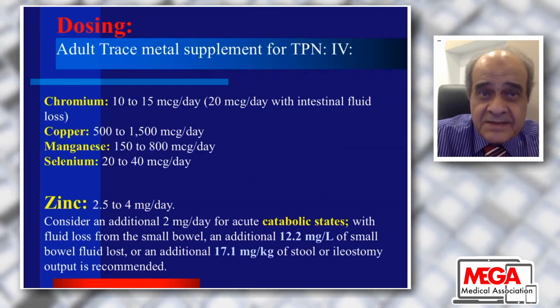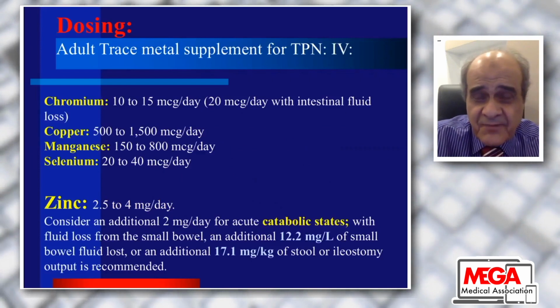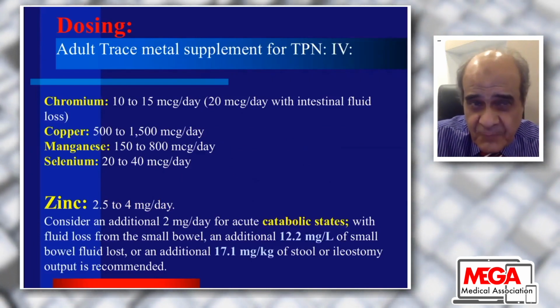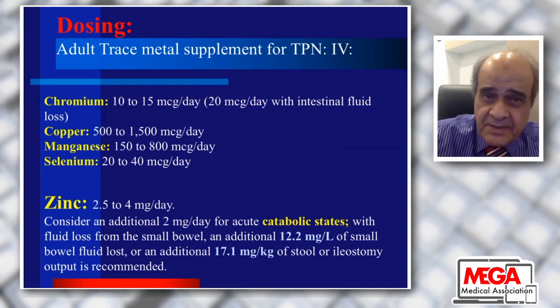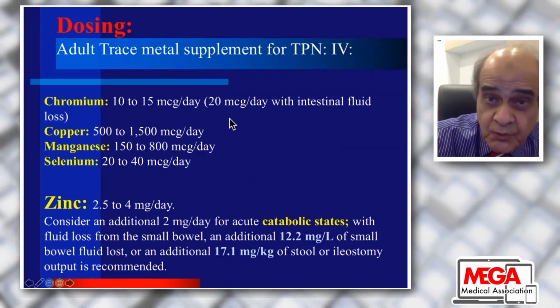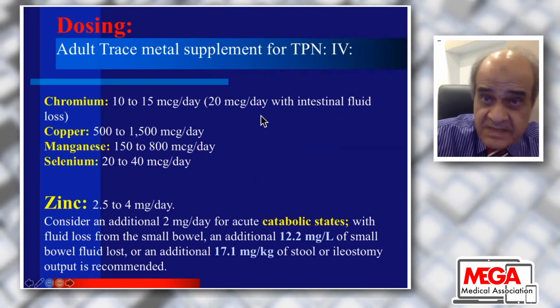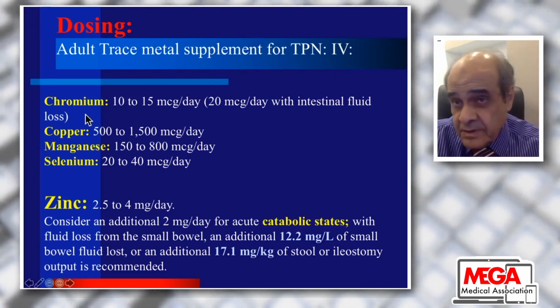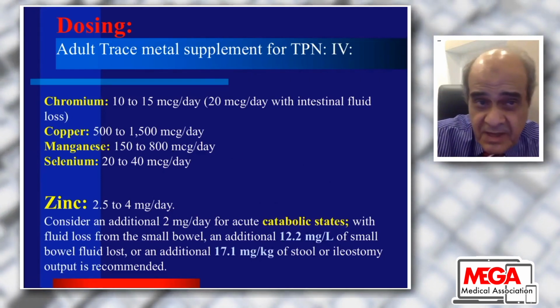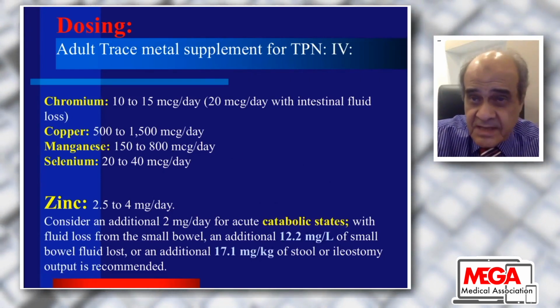Dosing of adult trace element supplements. This is a summary of doses, how much you must give for your ordinary patient. Chromium from 10 to 15 micrograms per day, may increase to 20 micrograms if there is intestinal fluid loss, and chromium is indicated especially for diabetic patients and for facilitating insulin action.